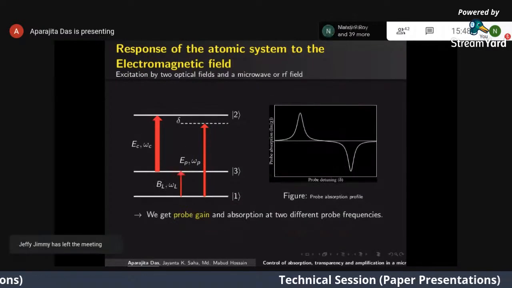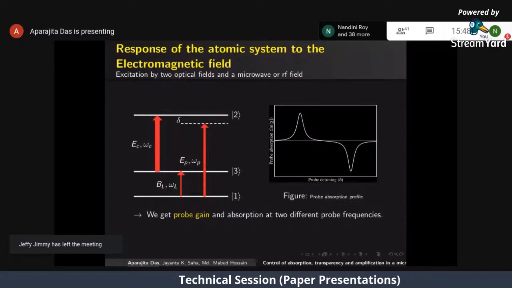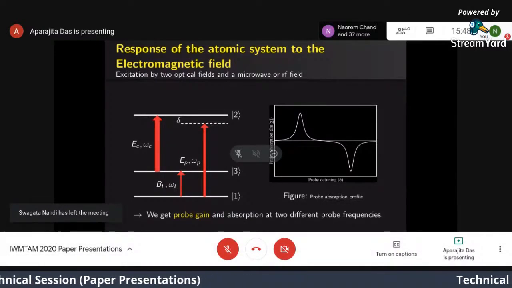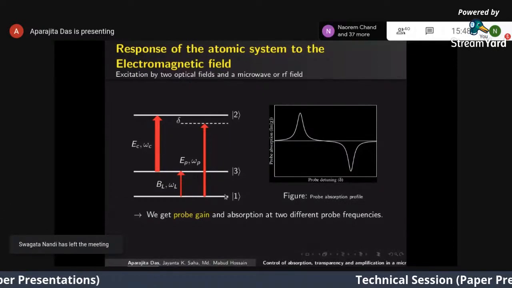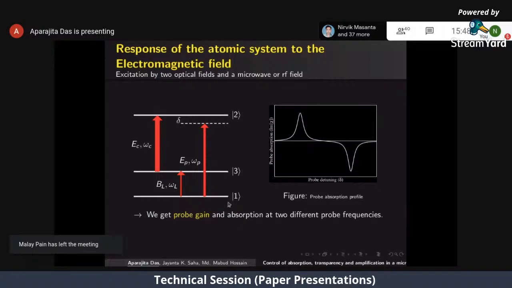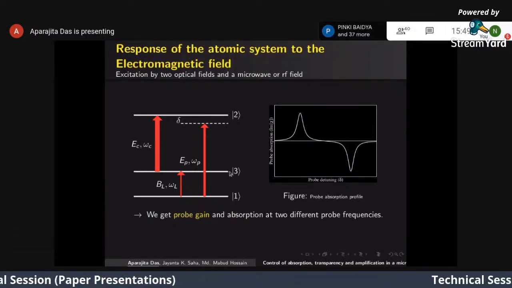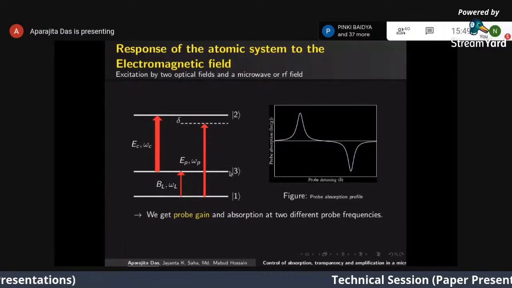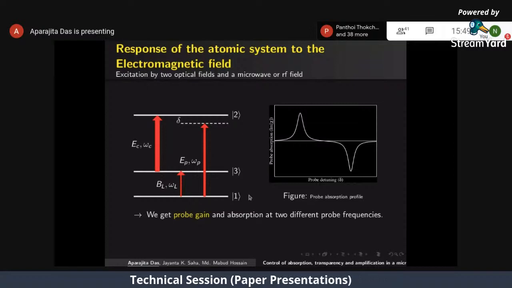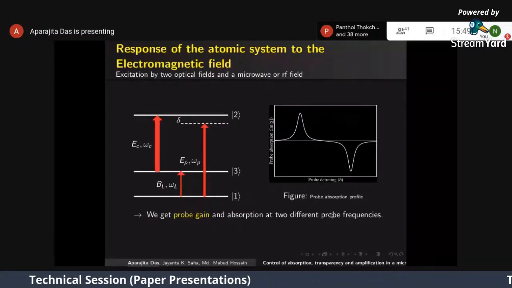In this situation, if we shine the atomic system with another electromagnetic field that can couple these magnetic dipole allowed states, and if we plot the probe absorption coefficient with respect to this probe detuning, we get a surprising result.